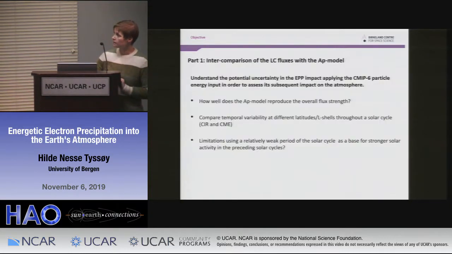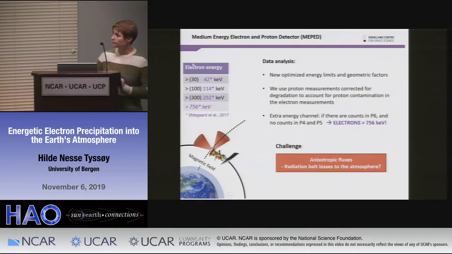We use these as our bins, but the model is a mathematical description, so you can make it for as many energies as you want. The AP model assumes an exponential spectrum.